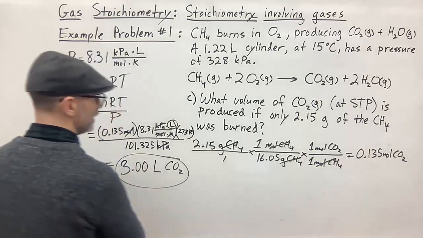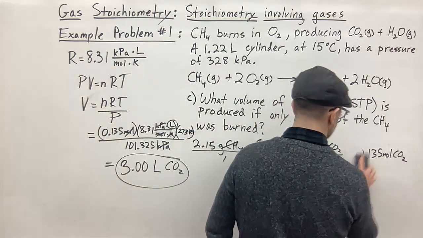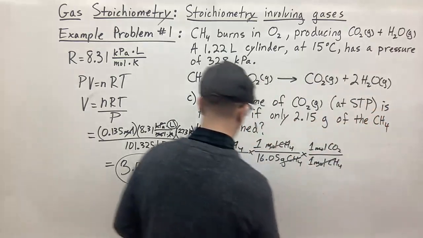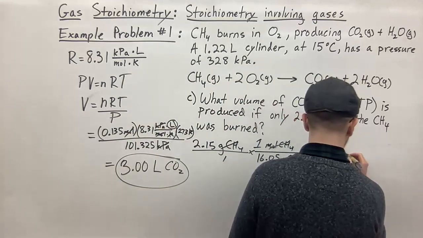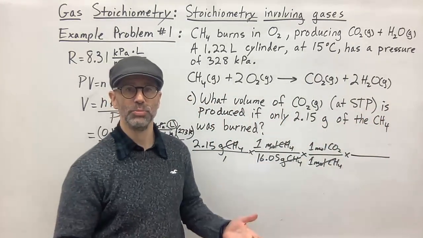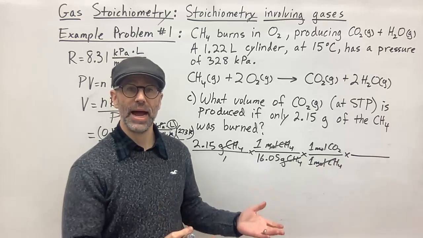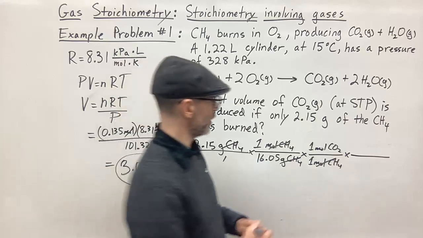The other way to do it is instead of doing this, I could just use the molar volume to convert. Since I know 1 mole is equal to 22.4 liters of a gas at STP, I can just use that as a conversion factor.